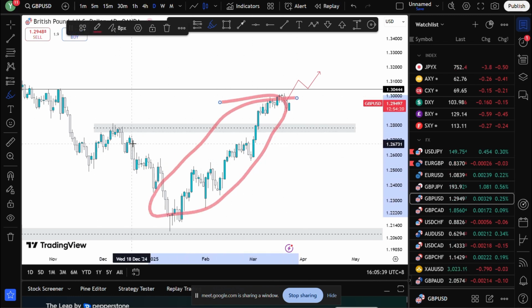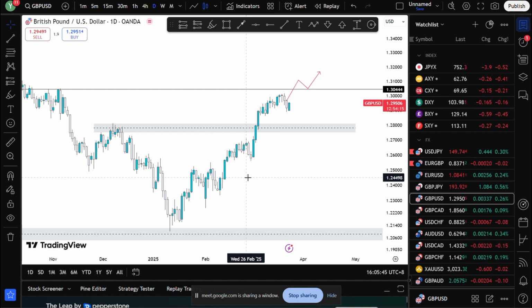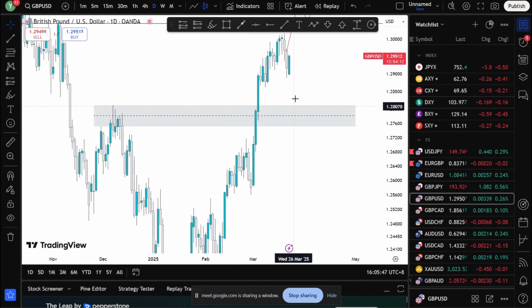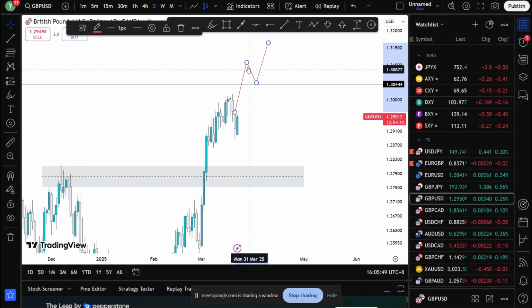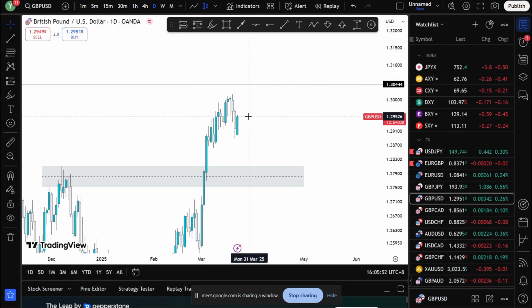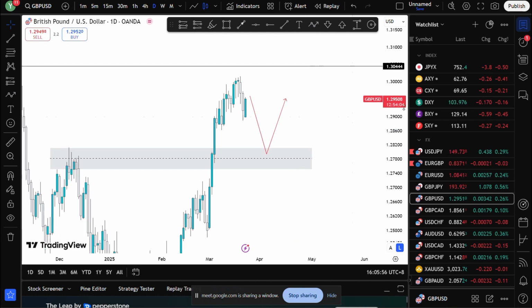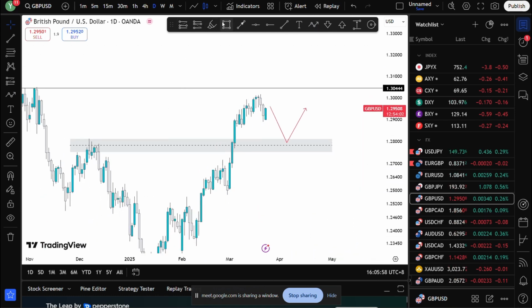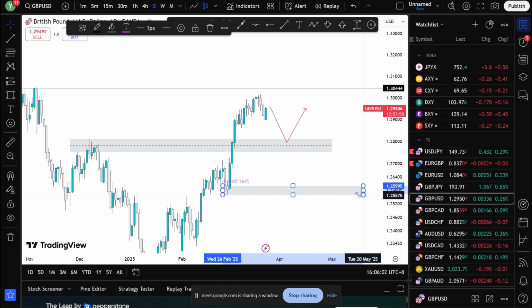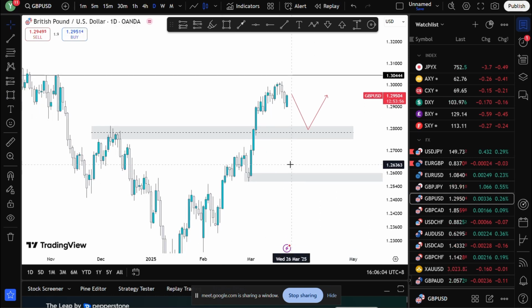The price is still in an uptrend right now, so I will focus on buy rather than sell for now. Like what we analyzed just now, either we wait for the price to retest this zone and then we look for an opportunity, or the price will come down to our demand zone over here.